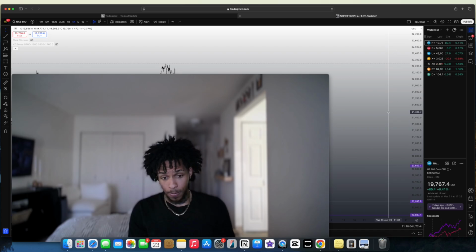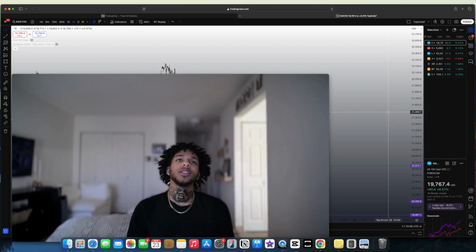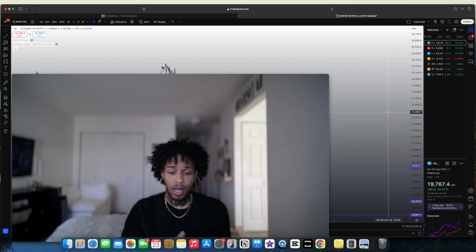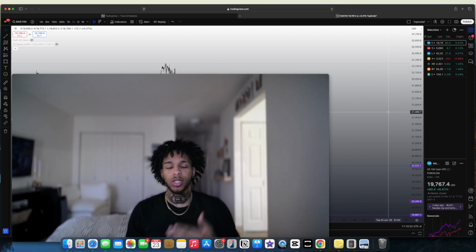I may also get into double tops and double bottoms, but only to show you how the market structure could change over. Things like head and shoulders could also happen. But we're going to get straight into it.